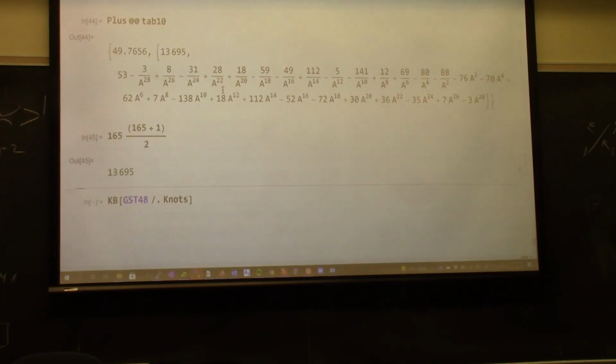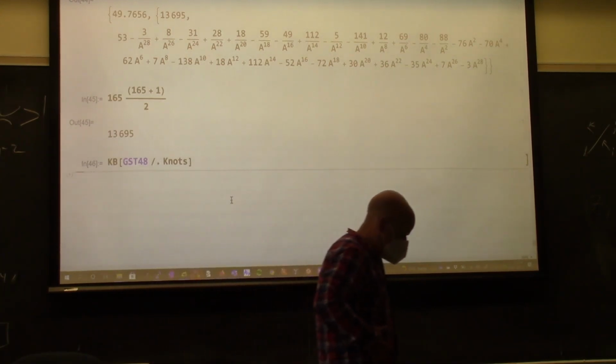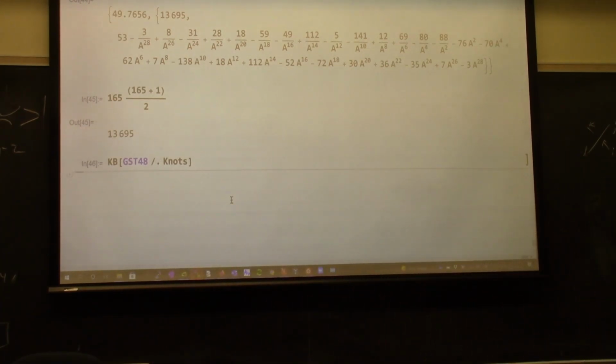Okay. So now, well, I told you I'm interested in GST 48, so let's compute the Jones polynomial of GST 48. Roughly how long should it take?